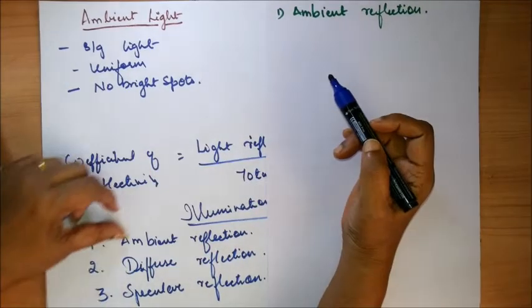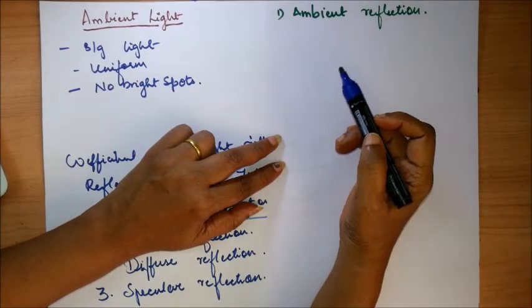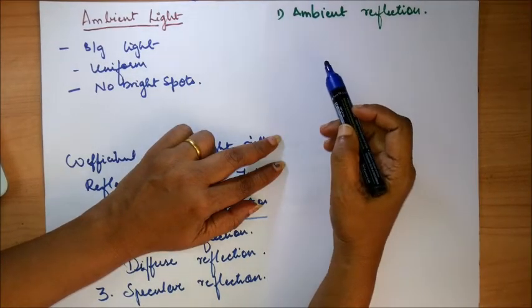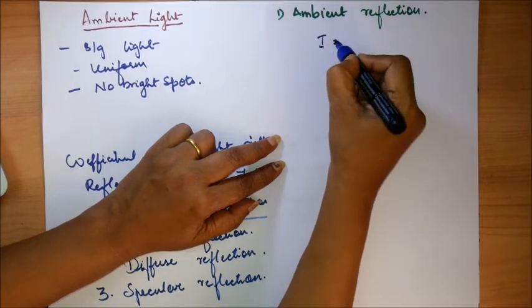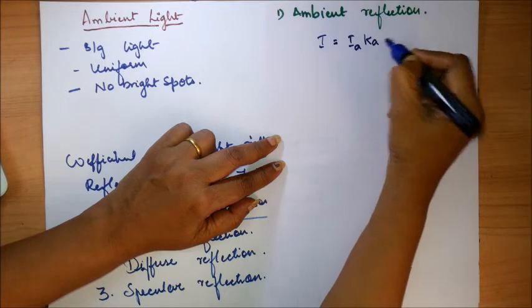Let us learn each of these ambient, diffuse and specular reflection in slightly more detail. First one is ambient reflection. Well, as I mentioned earlier, it is because of the ambient light falling on an object.